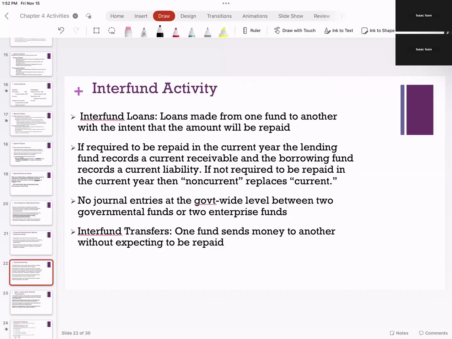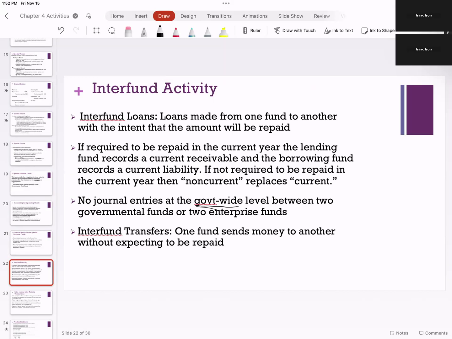Interfund activities. So a loan, that's when we expect to be repaid. So if it's expected to be paid during the current year, then it's current. For loans, we don't record anything at the government-wide level, because think about it, we're just loaning it to ourselves.